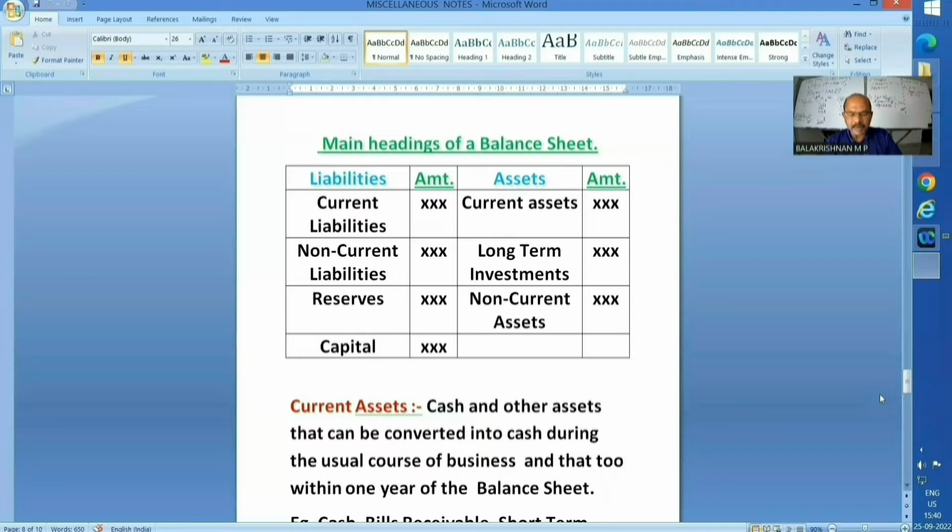I mean, current liabilities items first, followed by non-current liabilities in the liability side. Similarly, current assets items followed by the long-term investments etc. in the asset side. However, you should know the definition of each of these headings and the items that need to be placed under each of them so that you will be very comfortable.